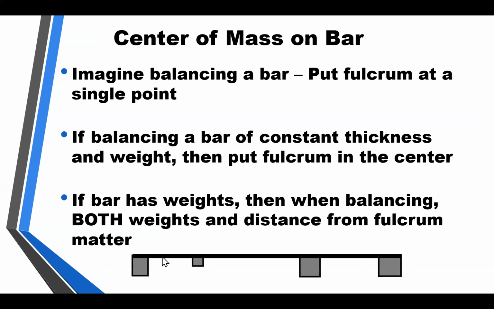Now, what if the bar has weights hanging down from it? Then when you balance the bar, both the weight and the distance from the fulcrum matter. So if I put the fulcrum here, I have to take into account the weights, and I have to take into account how far those weights are from the fulcrum.